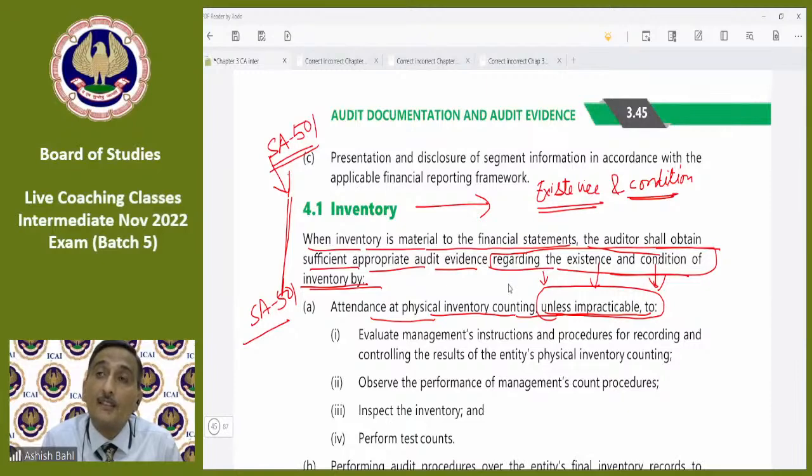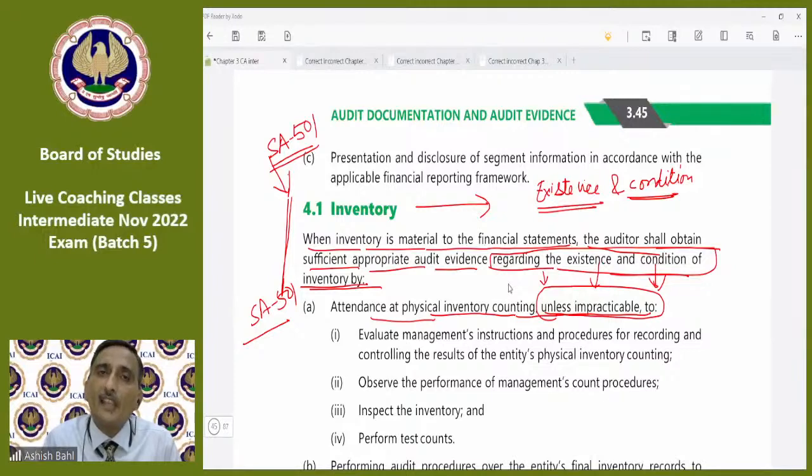in those situations. So guys, you have to understand that this standard on auditing has not been made after the COVID period. It exists from so many years.